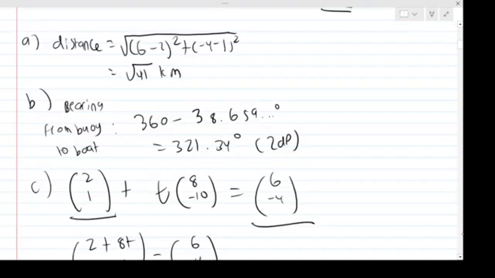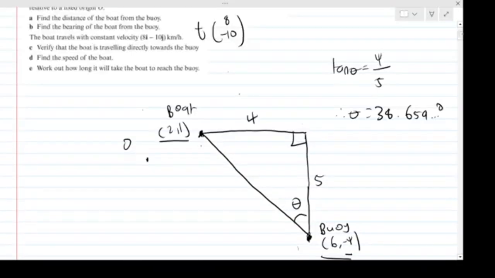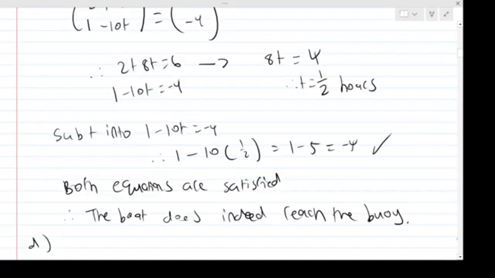Right, okay. Then part D, find the speed of the boat. Now that's quite simple, because now we've got the velocity, the speed is just going to be the magnitude of that. So the velocity again is 8, minus 10.